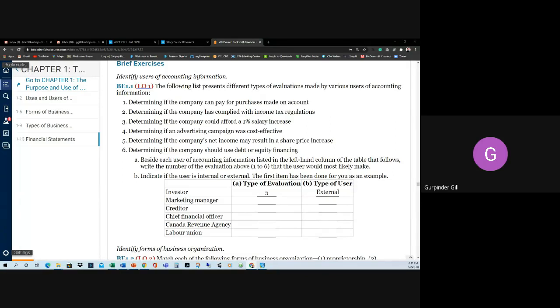Number six, determining if the company should use debt or equity financing. What is debt or equity financing? What is financing? Raising money? Okay, so debt and equity financing is how the business can raise money. There are a couple of different ways that the business can raise money.